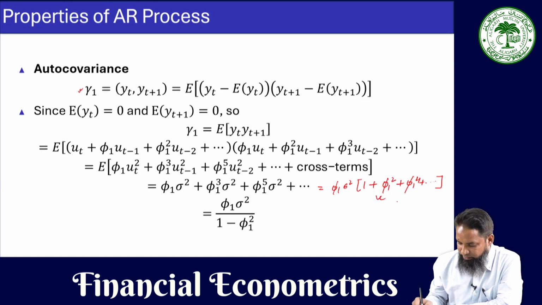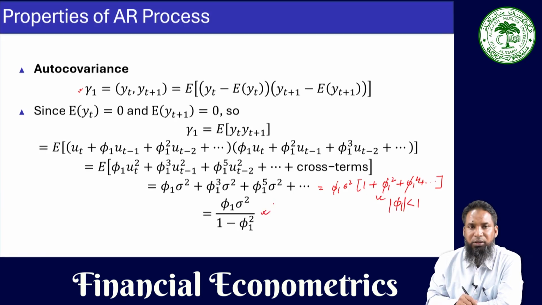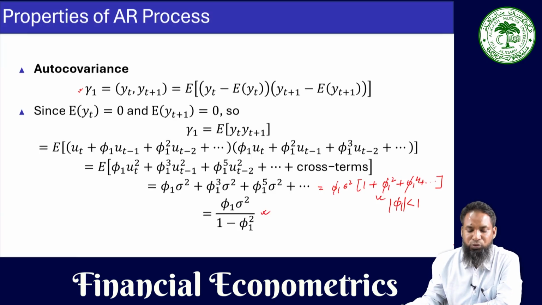Again, using the idea that the absolute value of phi 1 is less than 1, using the geometric progression we can add this. So the autocovariance at lag 1 will be phi 1 sigma square upon 1 minus phi 1 square.